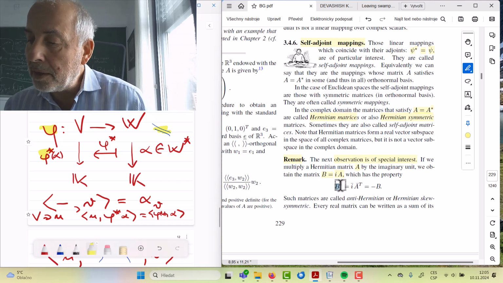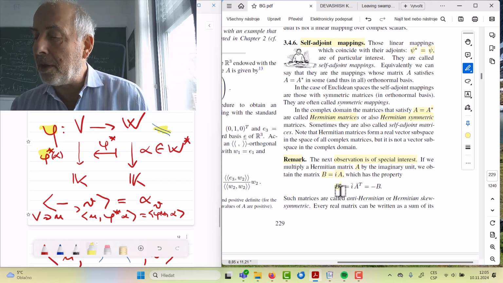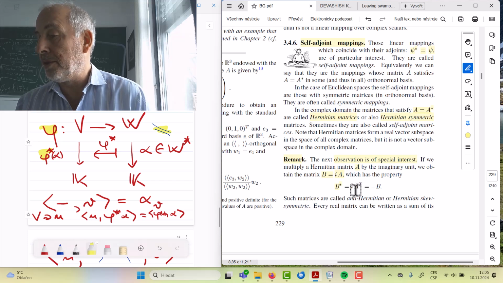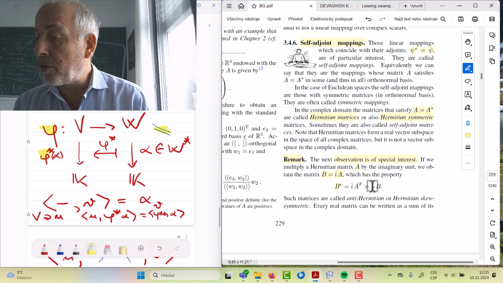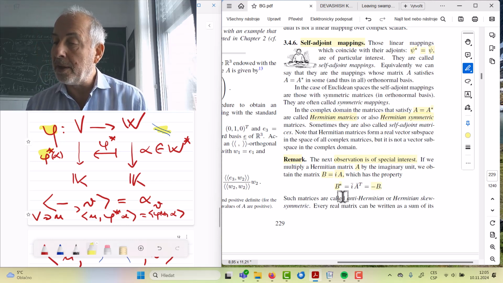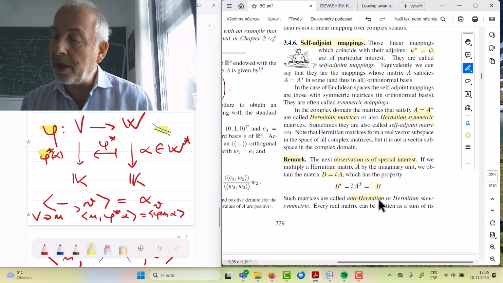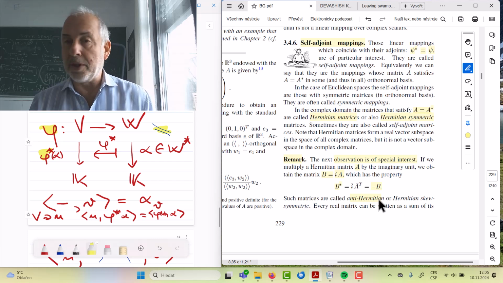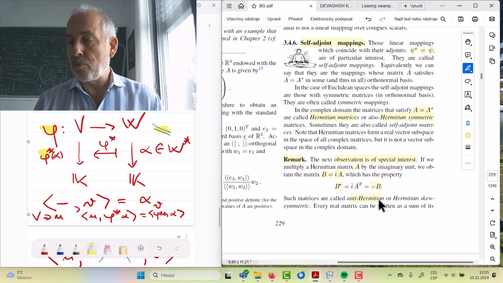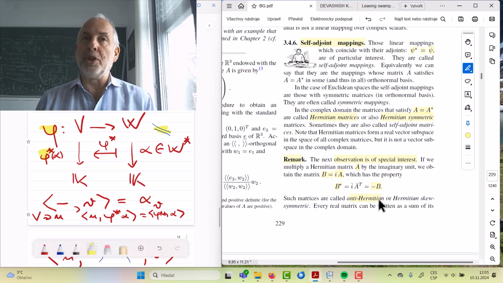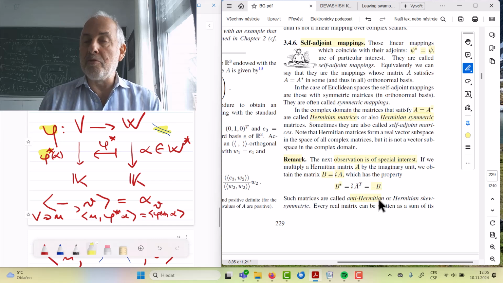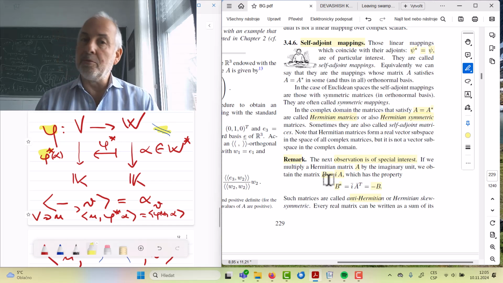Then writing B star is just doing the same as we did always with the star, and therefore it will be minus B, right? Because the i conjugated is minus i. And such matrices are called anti-Hermitian or Hermitian skew-symmetric. And again, it doesn't have an analogy in the real world, right? So you can't multiply a real matrix with i if you want to stay real.